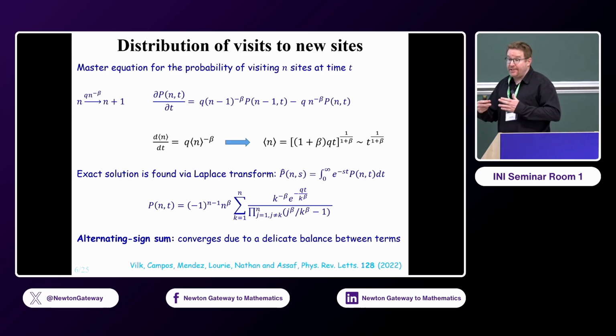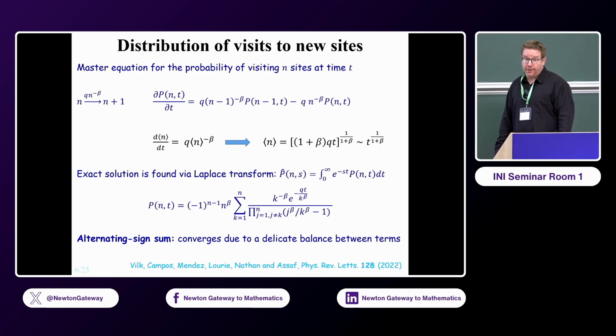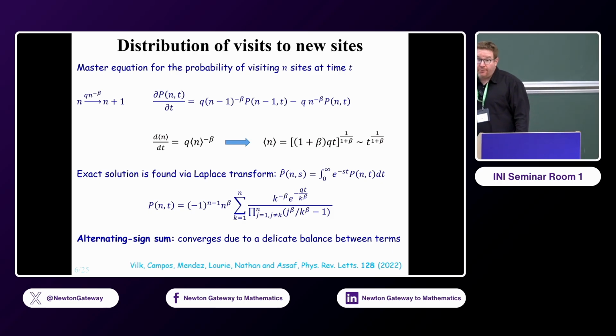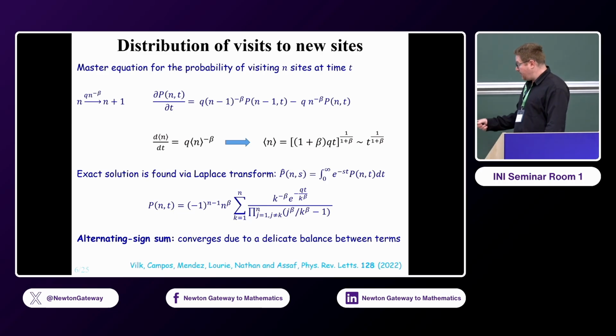So this entire sum converges due to a delicate balance between the terms. But you need higher and higher working precision of the computer for this result to be accurate. And there is a limit for the working precision, of course, unless you write designated software. So this solution turns out to be not very useful.